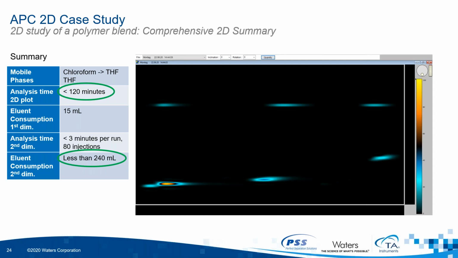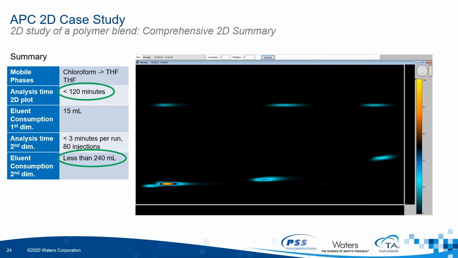What I also like to point out is that the total separation has been completed in under 2 hours. A 2-hour runtime is normally on the quick end of what you can expect. Usually, the total runtime ranges from 2 to 4 hours for comprehensive analysis.